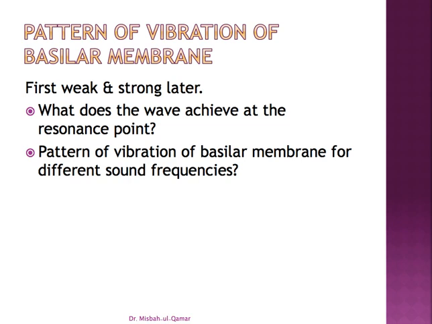Right. So now we will have a look at the pattern of the vibration of the basilar membrane. Each wave is relatively weak at the outset, but it becomes strong when it reaches the portion of the basilar membrane that has a natural resonant frequency equal to the respective sound frequency.